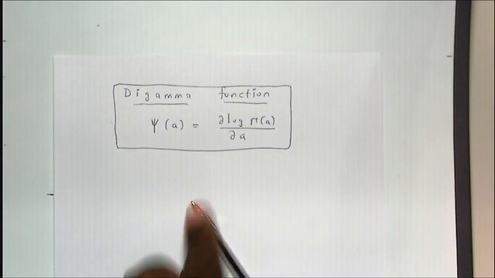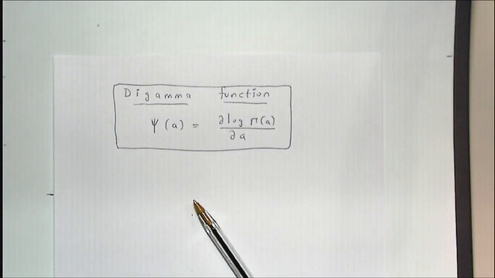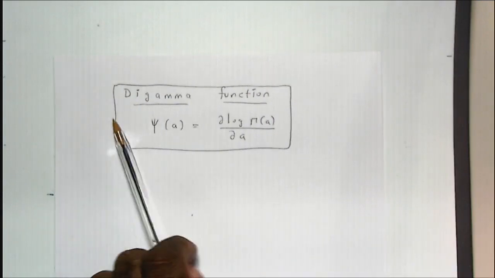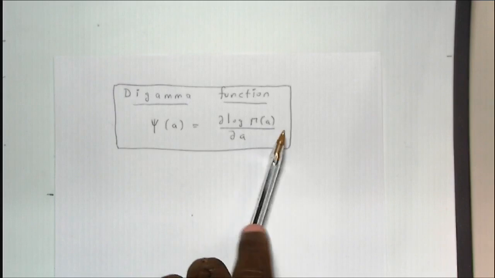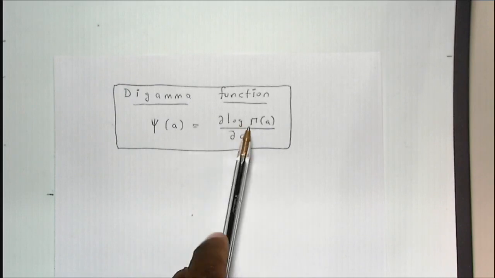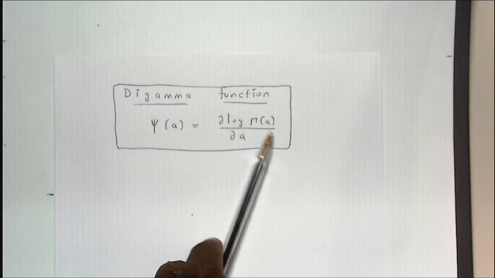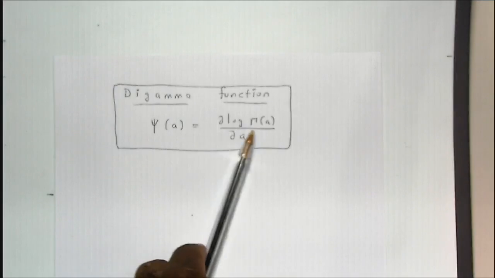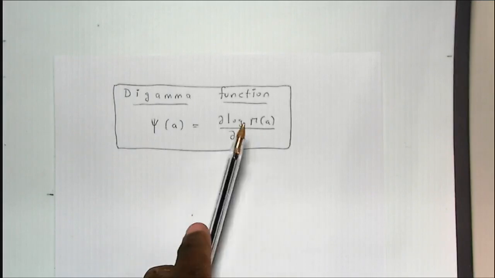There's something known as the Digamma function, and is defined as the derivative of the log of the gamma function. So is d by dA of the log of the gamma function, right? I'm going to use that here.